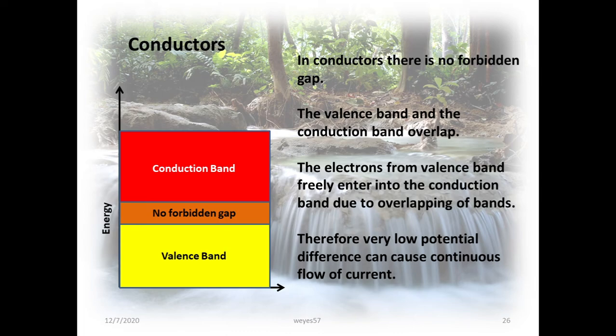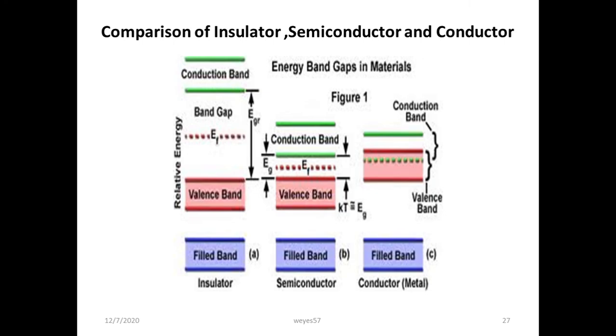And for conductors, the conduction band and valence band overlap with each other, so free electrons are already available in the conduction band. So even at room temperature, you can use these electrons for conductivity. The same has been explained here, a comparison of insulator, semiconductor and conductors.